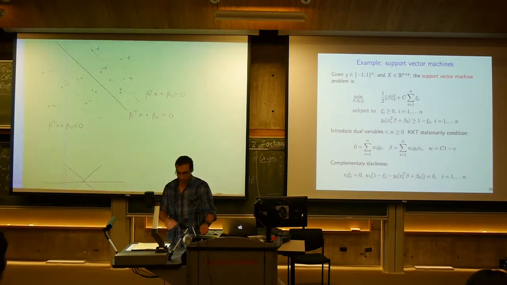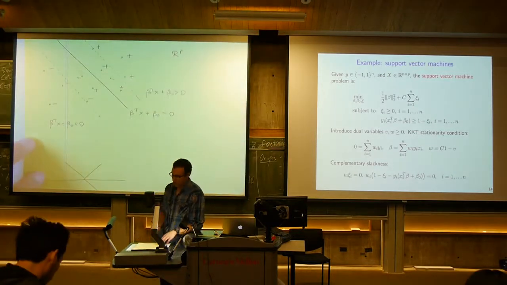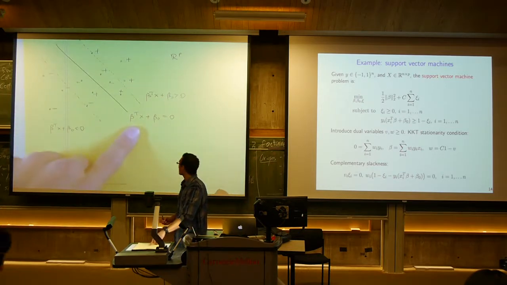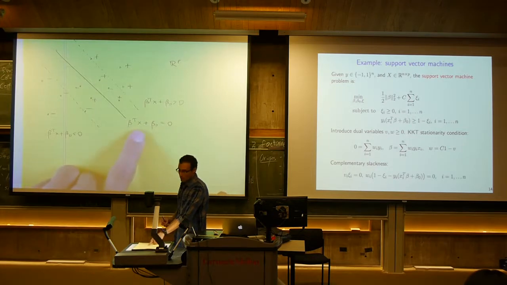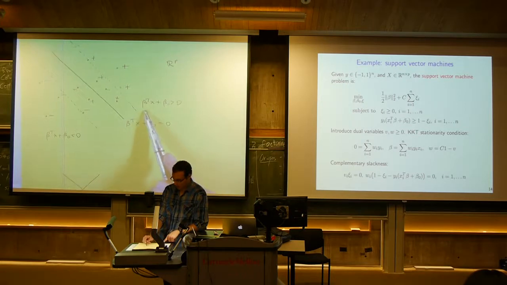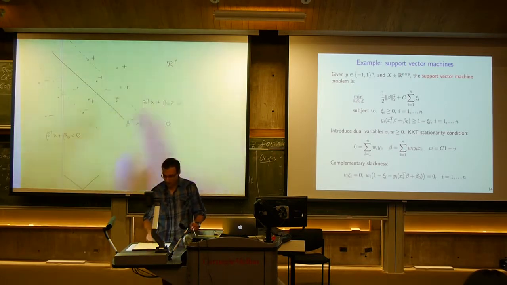Let's say this space is R^p, and x is a p-dimensional variable. We're going to solve for beta and beta 0 through the SVM problem. On this side, beta transpose x plus beta 0 is positive, and this side is negative.